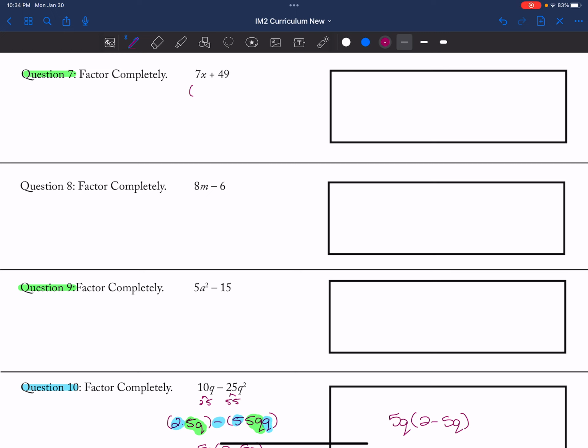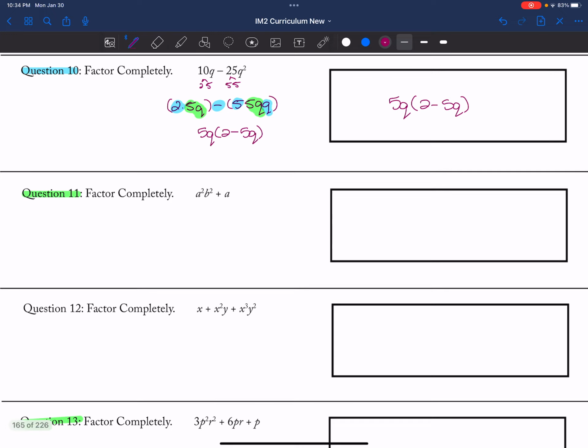Okay, and then moving along to 7. So this is 7x plus 49, which is 7 times 7. So what do I have in common? I have a 7, and then I'm left with an x and a plus sign and a 7. So 7, and then x plus 7.